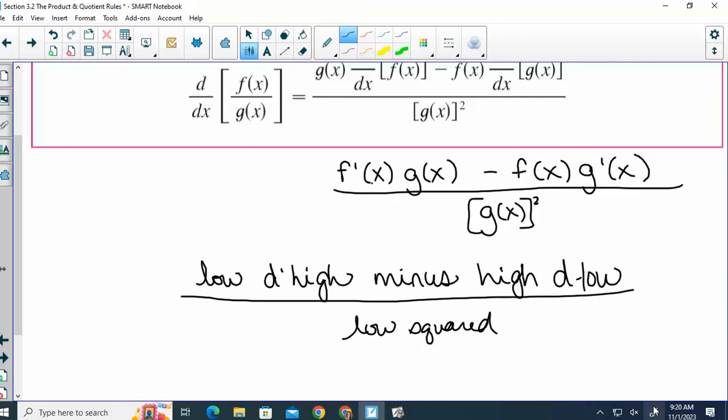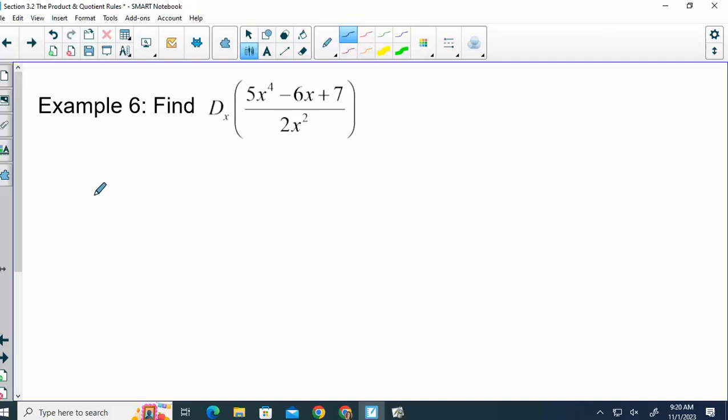So I would like to try a few quotient rule problems. So I'm asking for the derivative of this expression. Now, is this one we could do without the quotient rule? Yes, because the bottom's just one term. We could simplify it and do it the other way, and that's probably faster, but we're trying to learn the quotient rule, so we're going to do quotient rule here.